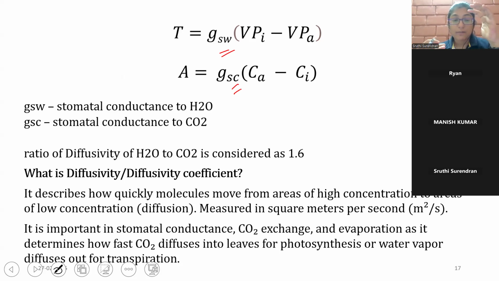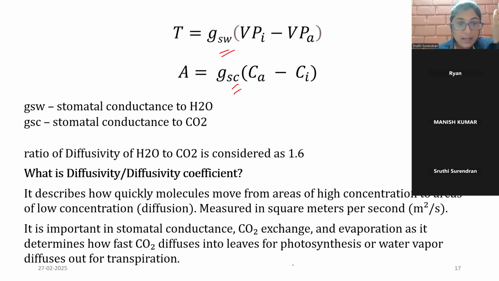In the case of water vapor, the concentration of water vapor is higher inside the leaf and lesser outside the leaf. So it is going to go out. But again, like I said, water is smaller than carbon dioxide. So the rate of diffusion, the speed with which this water molecule will go out and carbon dioxide will enter, are different because of the size difference.